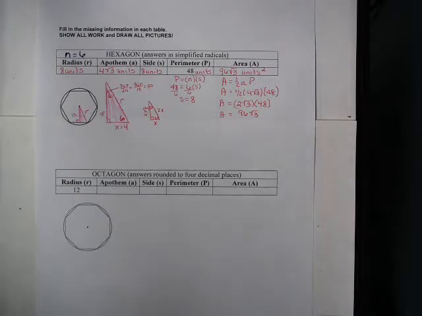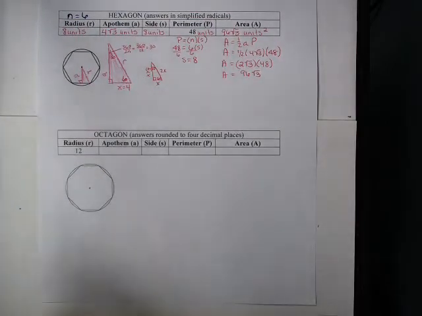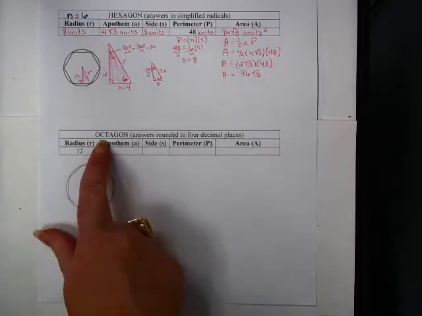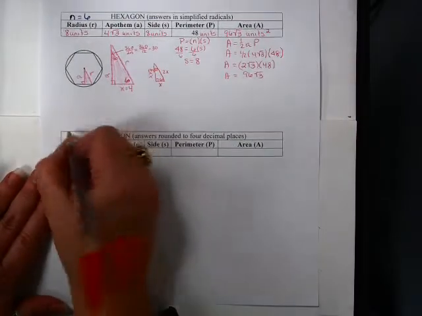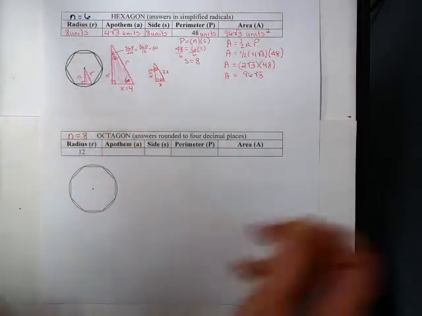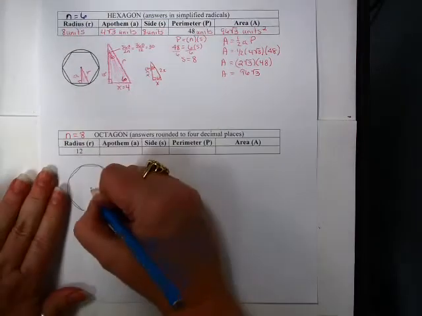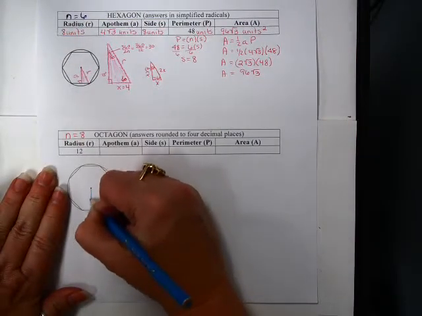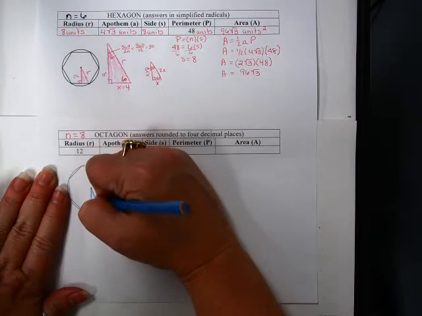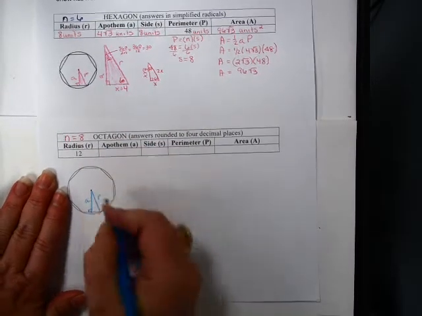All right, last one. On the very last one here, we have an octagon. So I know that my n equals 8. Let's start off by drawing my apothem and my radius. The apothem and the radius.